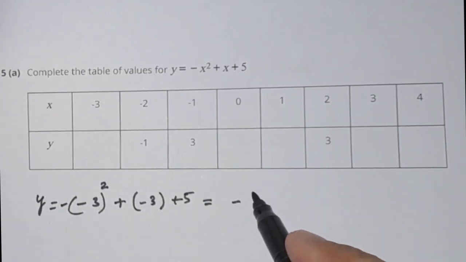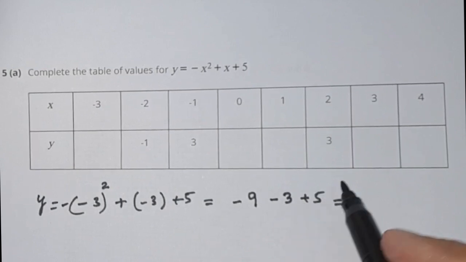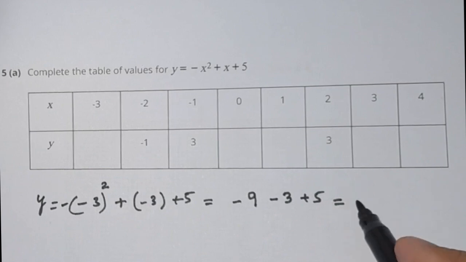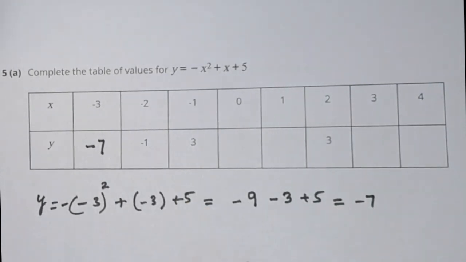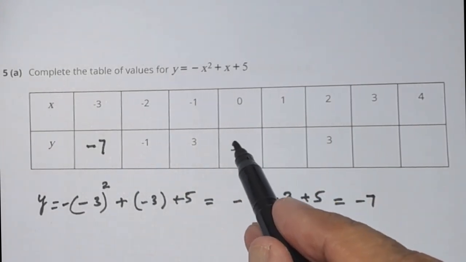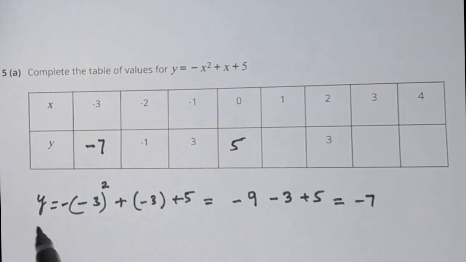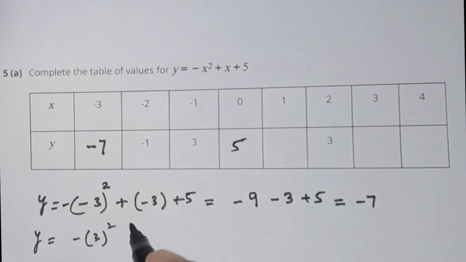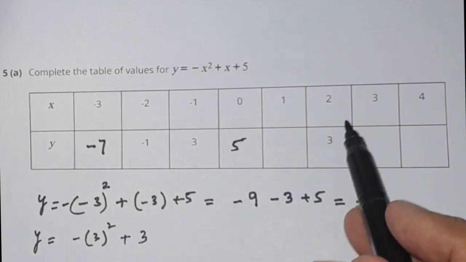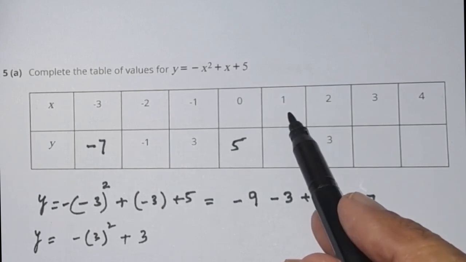minus 9 minus 3 plus 5, and this is minus 12 plus 5 is minus 7, so we write down minus 7 here. And when this is 0, we'll get a 5 here, 0, 5. And when this is 3, we work out again, equal to minus 3 squared plus 3, sorry, not 3, yeah, I have missed one, I'll do that later, okay?